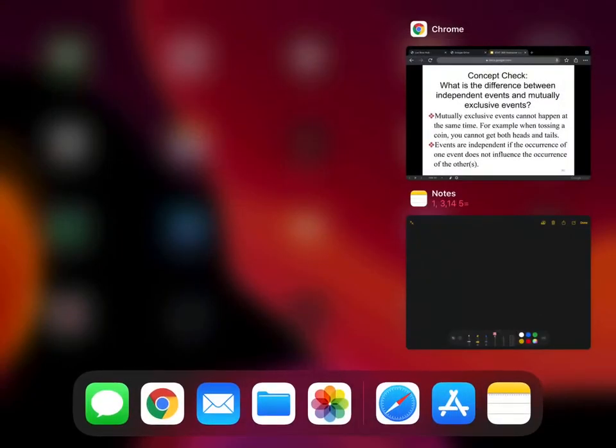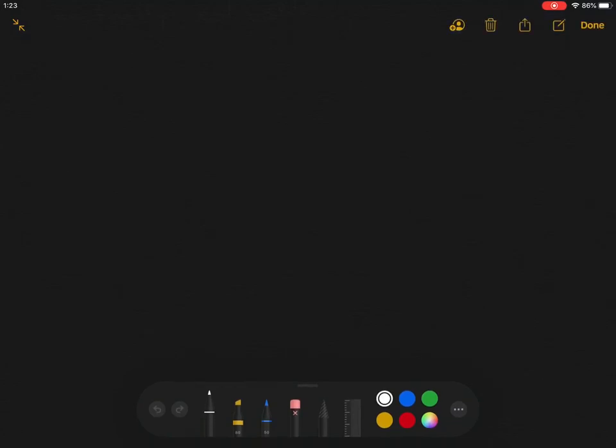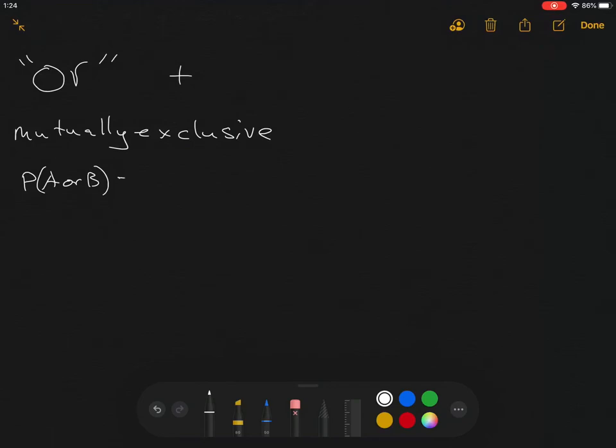So let me share you guys just a little bit more. Here we go. So we had these two words. We had the word or. If you see that word in the probability exercise, then you should associate this with the addition rule, right? And there were two cases. We had mutually exclusive events, and for the mutually exclusive events, when there's no overlap, we had that probability of A or B is equal to probability of A plus probability of B. And that's it, because there is nothing in the intersection.